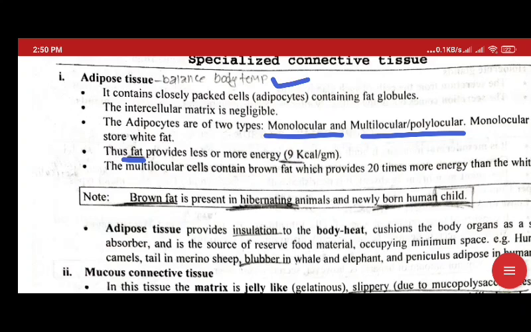So let's discuss first monolocular or unicellular. In monolocular or unicellular adipocyte, we have what?